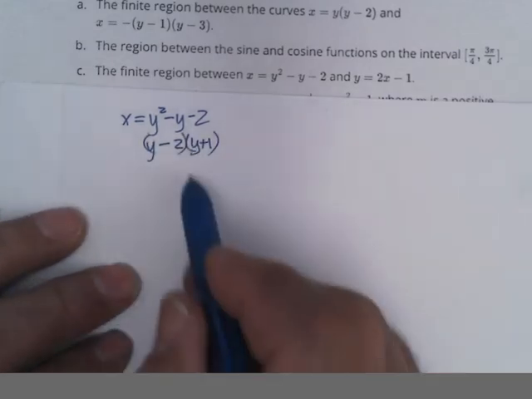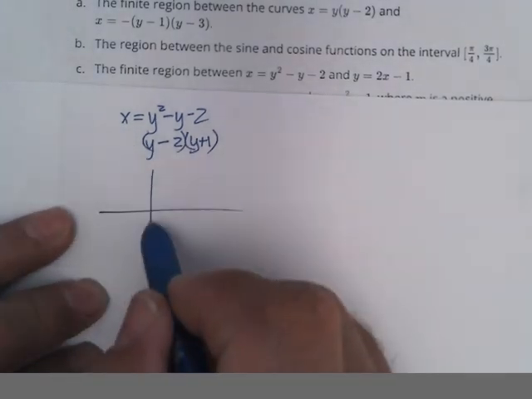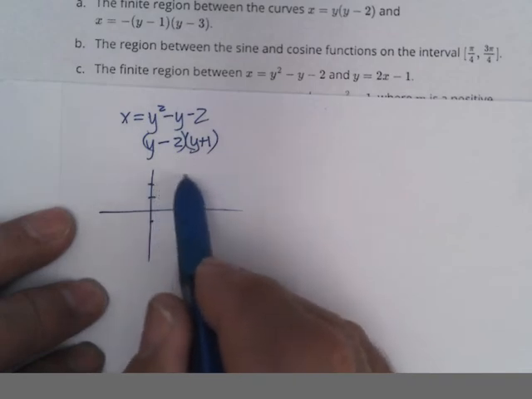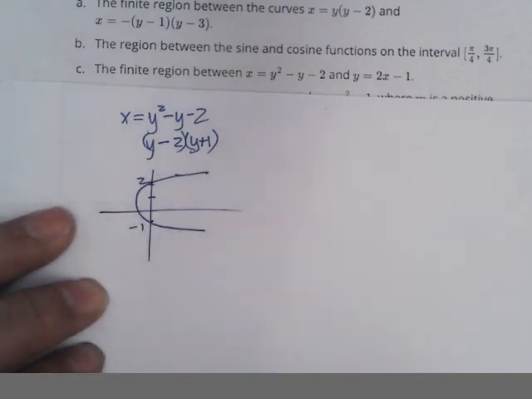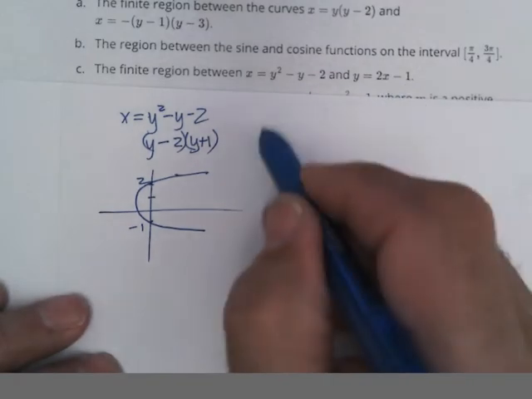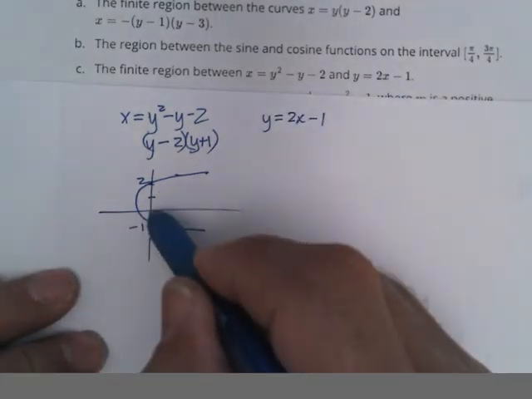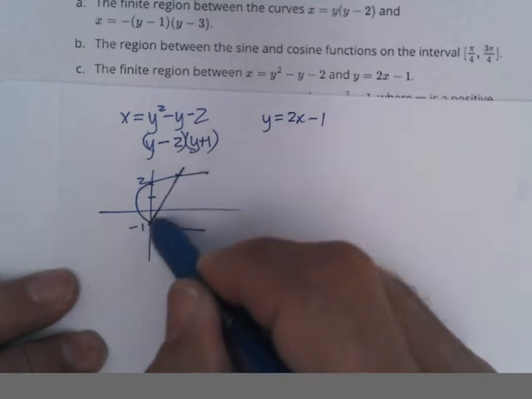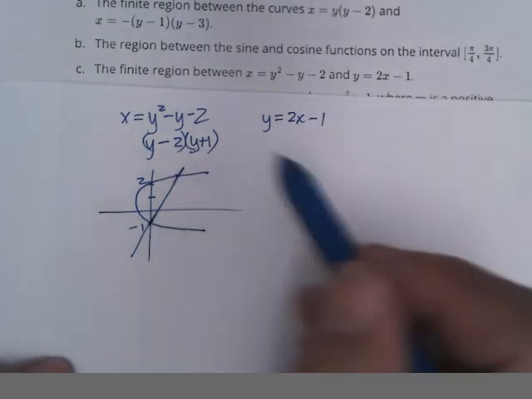So we have a sideways parabola going through minus 1 and plus 2, and this is positive, so it's going towards the positive direction. And then the other one is y equals 2x minus 1, which goes through minus 1 with a slope of 2. Something like that. Looks like they're going to intersect there not far over.